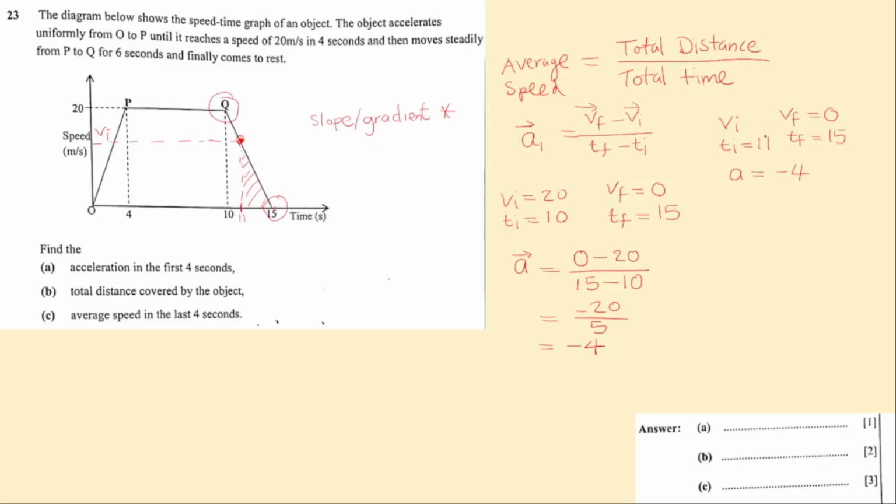So we're going to substitute all these values in this formula in order for us to find V sub I, which is the height of this triangle. The reason why we're finding the height of this triangle is that we want to find the area of this triangle. The area of this triangle will give us the total distance. So let's find V sub I using this formula. We substitute all these values in that formula.